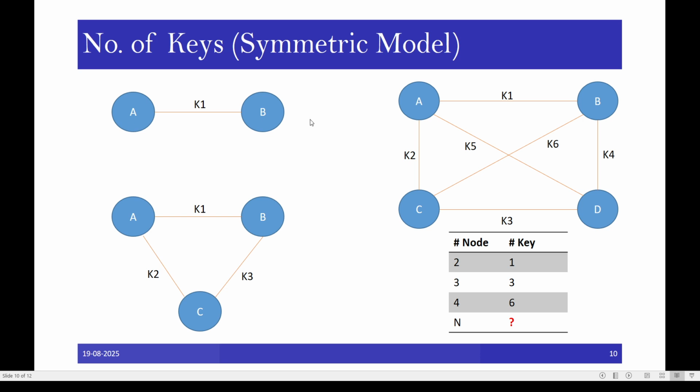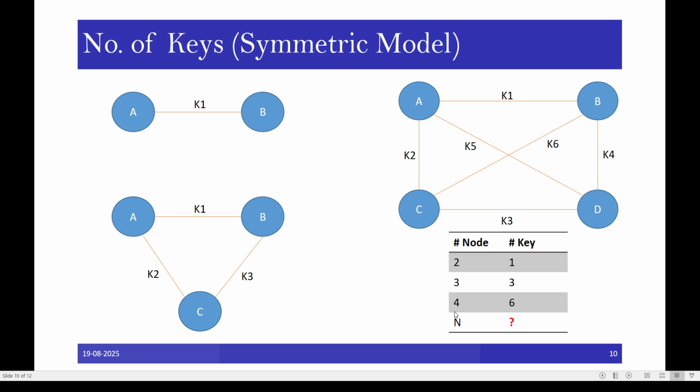When we have three parties, we need one key for A and B, one for A and C, and one for B and C, so 3 keys. Likewise, when we have 4 parties, we need 6 keys. If we go on increasing the number of nodes, what is the requirement for n nodes?